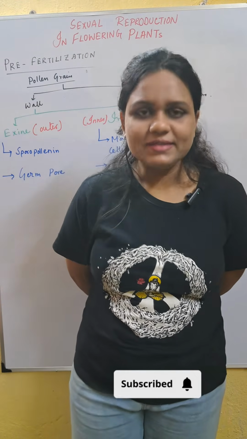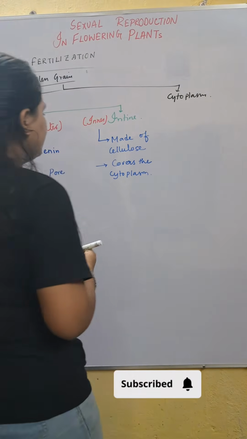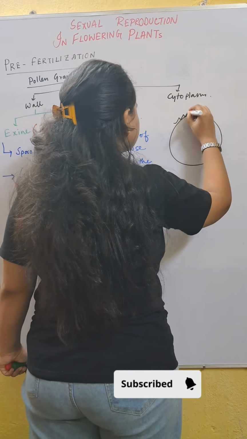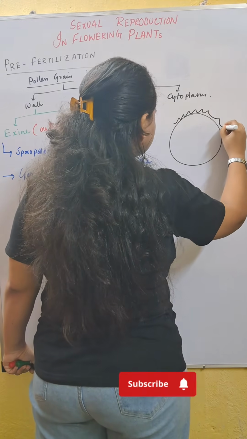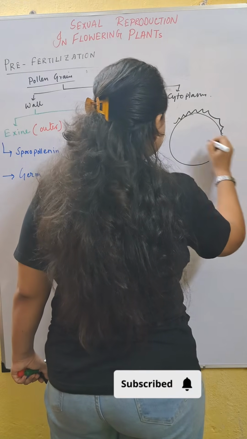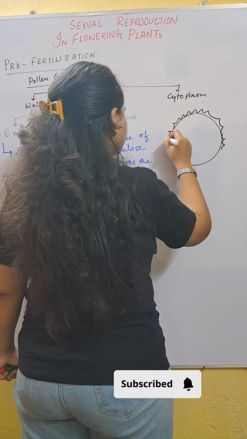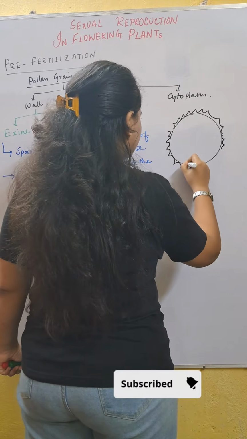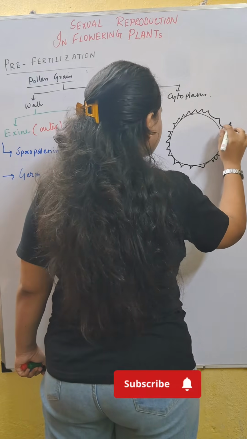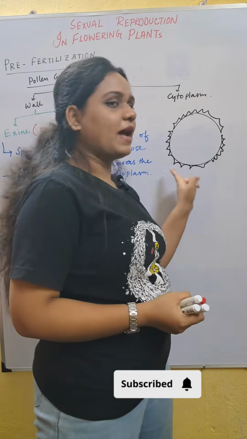Now let's understand the structure of a pollen grain. If this is a pollen grain, it has various sculptures outside the exine.